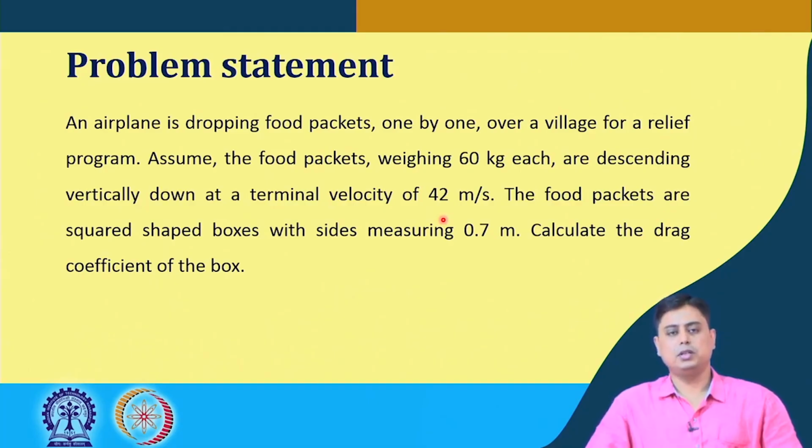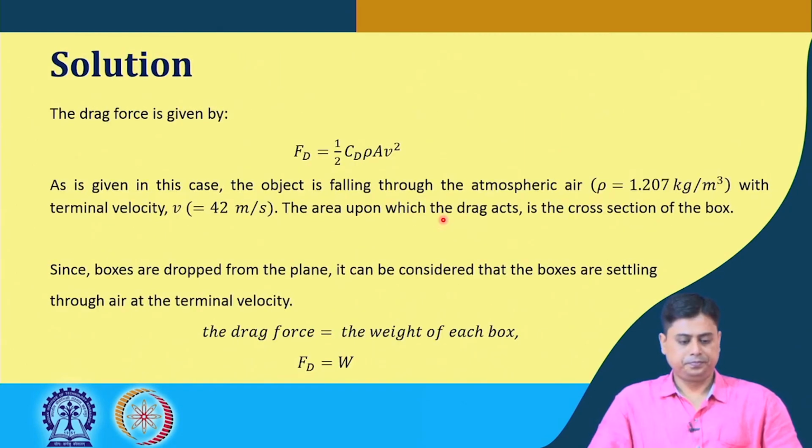That velocity is called the terminal velocity. So, it is a constant velocity. That is what the information given here is. It is falling at a terminal velocity. So, you can neglect the initial part when it accelerates, and after attaining the velocity we have to calculate what is the drag on it, to simplify the problem.